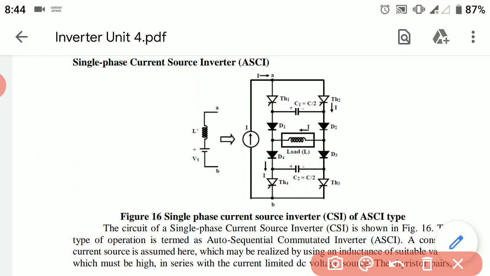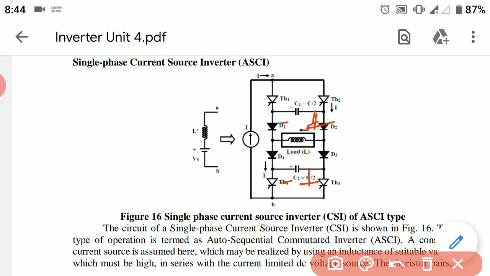Now as the current is flowing, the initially charged capacitors are inserted, having right hand plate positive and left hand plate negative polarity.